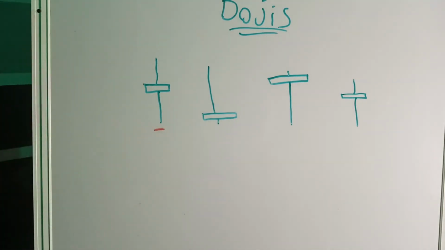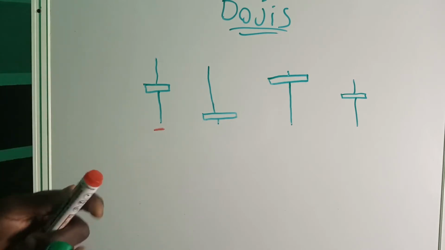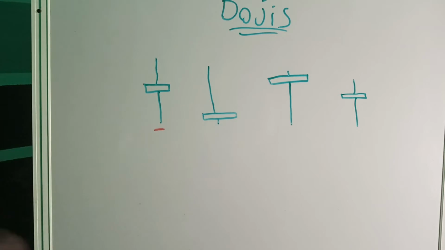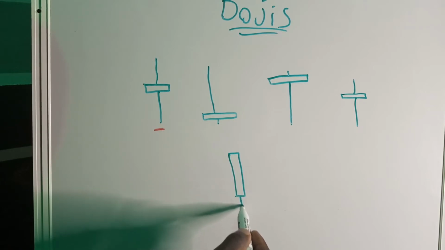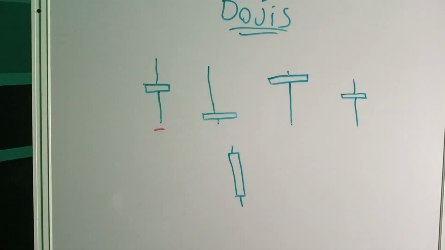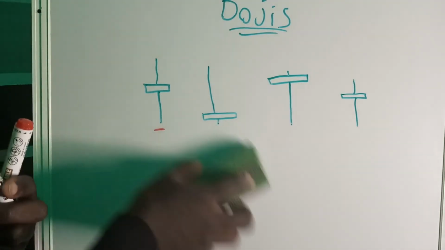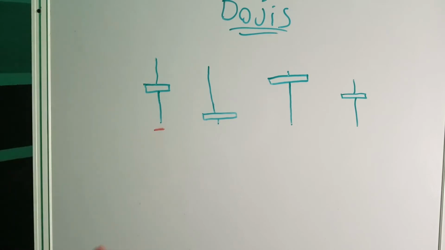Dojis generally tell forex traders that there is low liquidity in the forex market. There is not much volatility. If there is volatility, the body of the candlesticks will be huge like this and not small bodies like this. Now, dojis tell us that there is no momentum in the market.